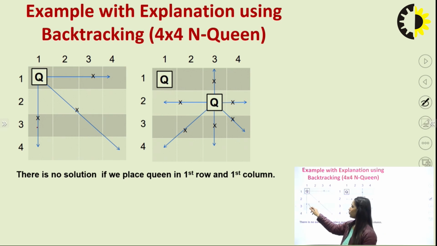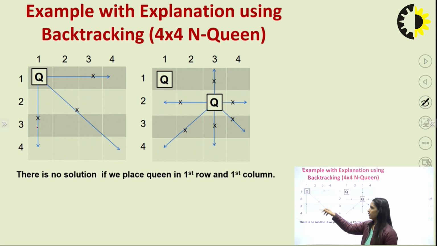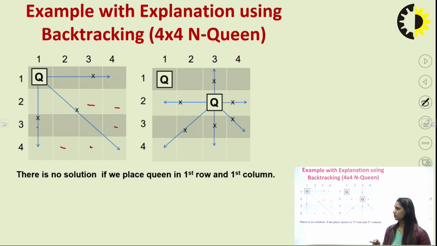I cannot put the next queen in these areas, but I have some options. I can put it here, here, and here. So let's say I put the second queen here; the first queen is in this block and the next queen in this block.